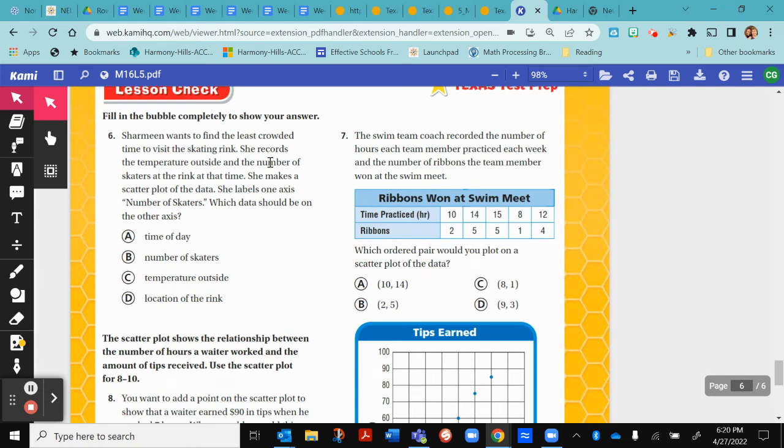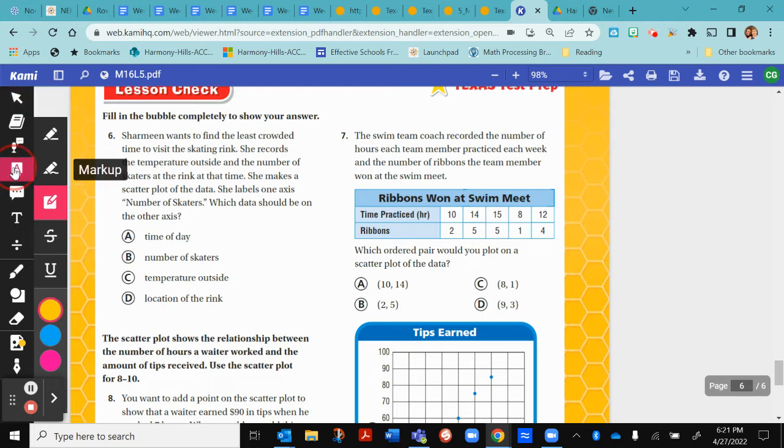Charmaine wants to find the least crowded time to visit the skating rink. She records the temperature outside and the number of skaters in the rink at that time. So she makes a scatter plot of the data and she labels one axis number of skaters. Which data would be on the other axis? So what do we need to find out? Just what are you naming the other axis, right?